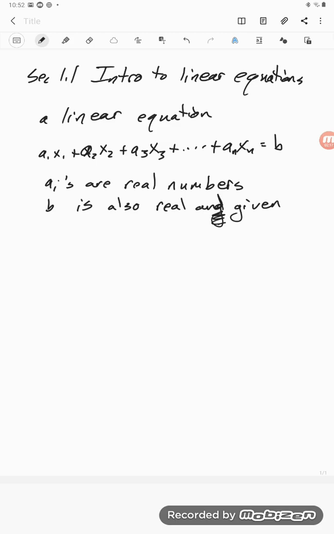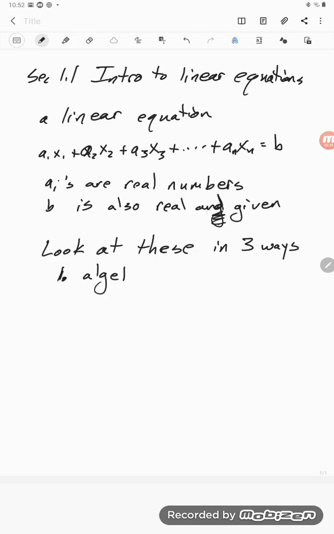And so as we get into this, we're going to want to look at these things in three ways. And now for us, mostly we're really going to look in two ways, but I'll list the three. So what we've already seen is algebraic. So algebraically, we're going to look at these, and that's this idea of what we have here.